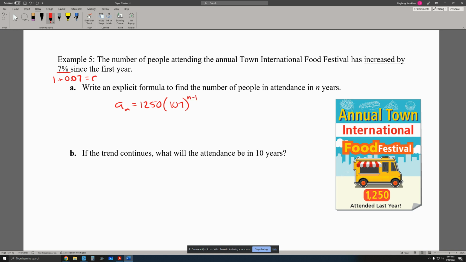So if this trend continues, what will be the attendance in 10 years? So if we find a sub 10, this would be equal to 1250 times 1.07 to the 10 minus 1. And if we plug this into our calculator, we get 2,298 people. That's quite a bit of people.